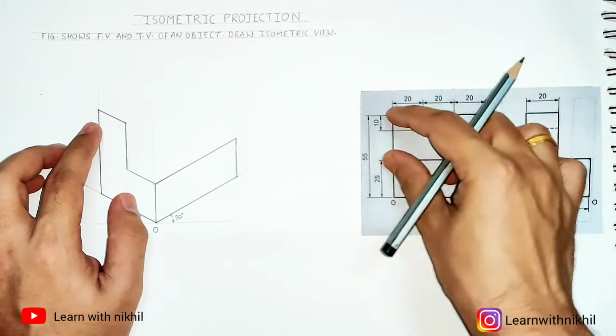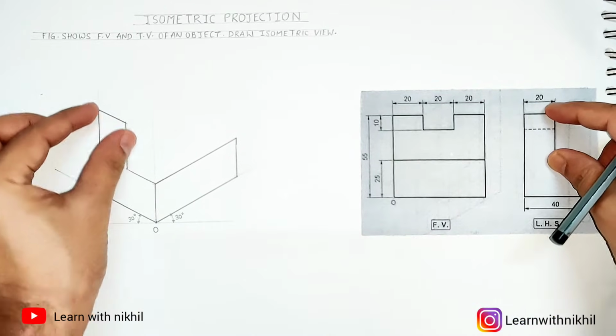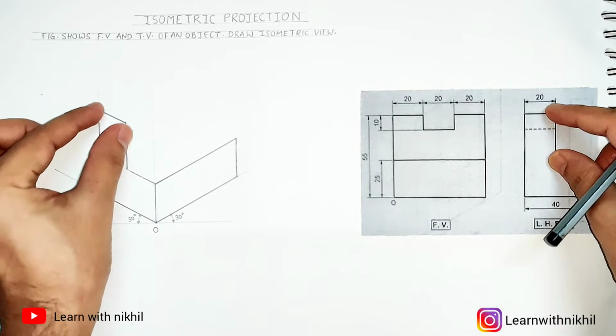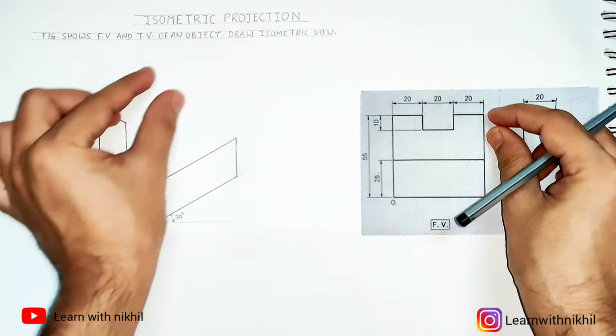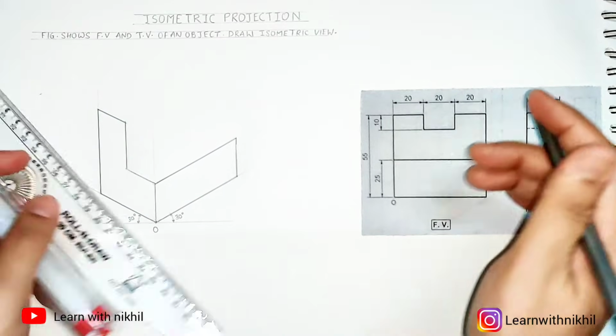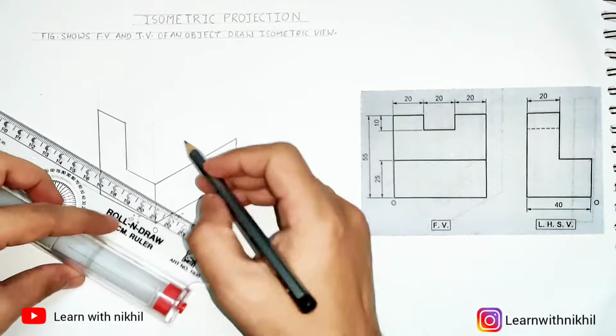Now next, this part, the top part, we have a straight lines. This is the block which will be drawn here. So drawing the parallel lines.